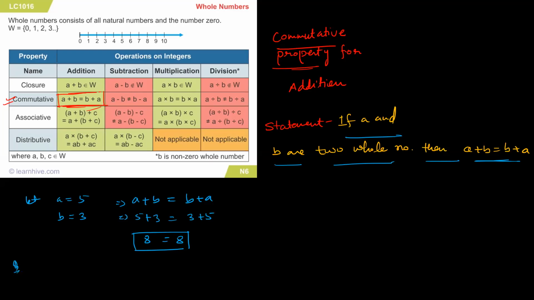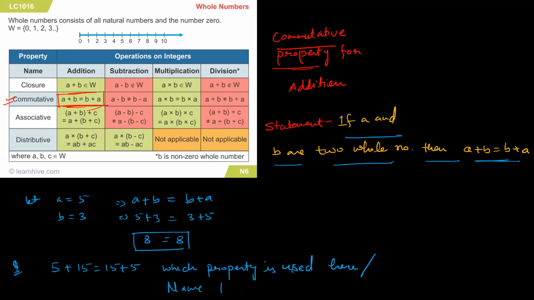Now the question is 5 plus 15 is equal to 15 plus 5. क्वेश्चन इस तरीके से एग्जाम में आएगा, आप देख लो. क्वेश्चन ये आपको गिवन है, and the question is saying which property is used here. और ये क्वेश्चन इस तरीके से भी हो सकता है, name the property.